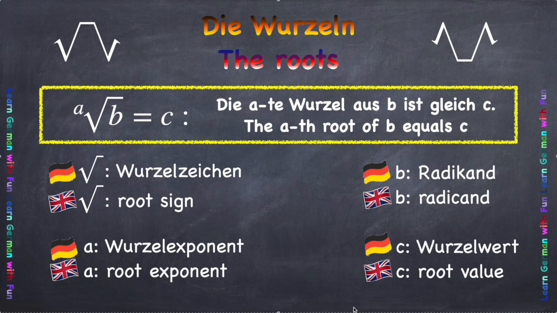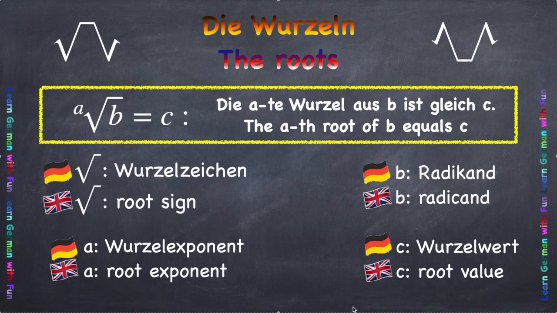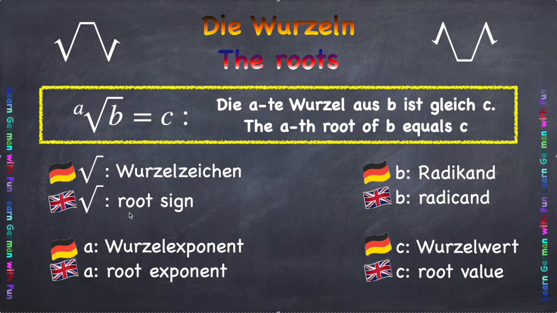Next slide is about the roots. Here you can see an example for the roots. In German, one says die a-te Wurzel aus B ist gleich C. In English, the eighth root of B equals C. Here you can see the root sign. In German, one says Wurzelzeichen. A in the above term is Wurzelexponent.